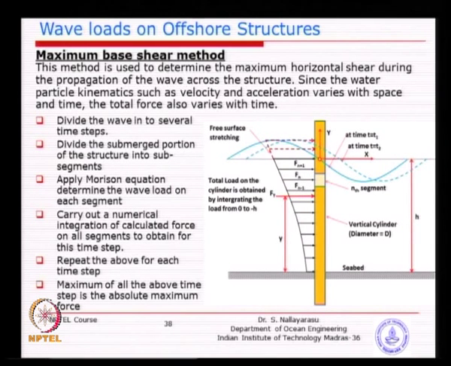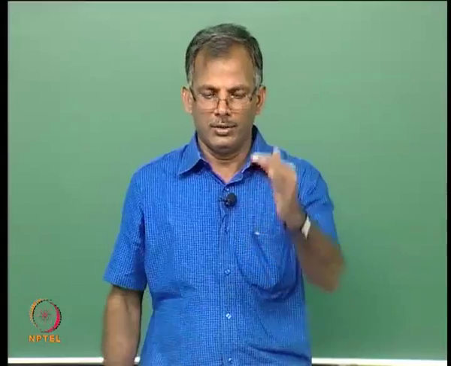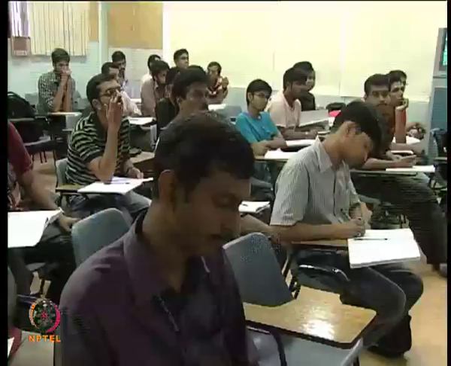If you decided to divide by 2 meter, then you have to multiply by 2 meter. In this case, we have divided by 1 meter, which is very convenient. So, each segment receives one force proportional to the diameter and the segment length, because you have taken the central coordinates x and z, and you calculate the force for all elements and plot them this way.